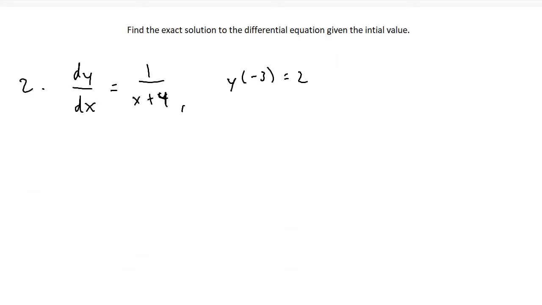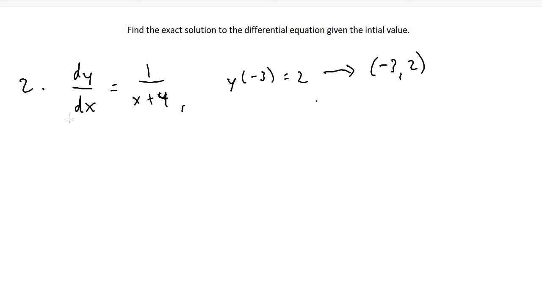So for number 2, we're getting dy/dx equals 1 over x plus 4, and we're given the initial value of y of negative 3 equals 2. And this might seem a little confusing at first, but you can actually just rewrite this as (negative 3, 2), because you plugged in negative 3 for x, and you get 2 as the y value.